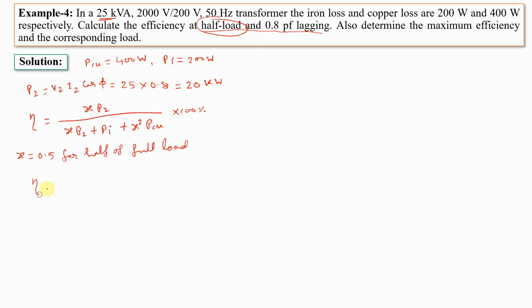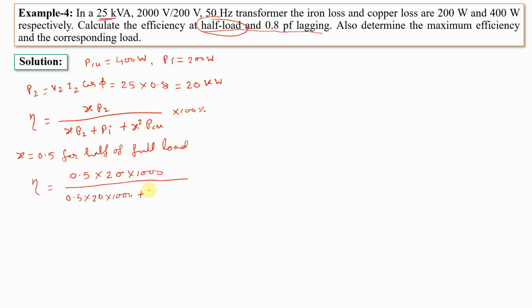So now put the value. X is 0.5. P2 is the rated full load output power, that is 20 kilowatt. Convert it into watt by multiplying by 1000. So XP2 is 0.5 into 20 into 1000, plus Pi.